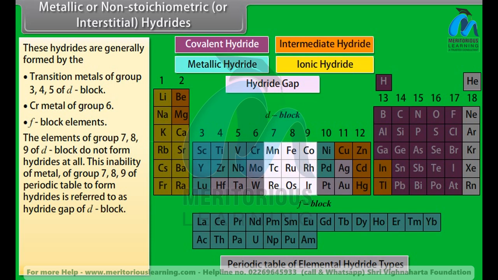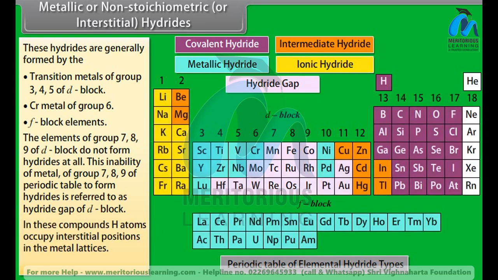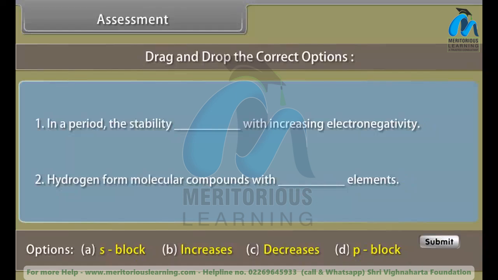This inability of metals of group 7, 8, 9 to form hydrides is referred to as the hydride gap of the d-block. In these compounds, H atoms occupy interstitial positions in the metal lattices. For example, ScH2, LaH2.87.